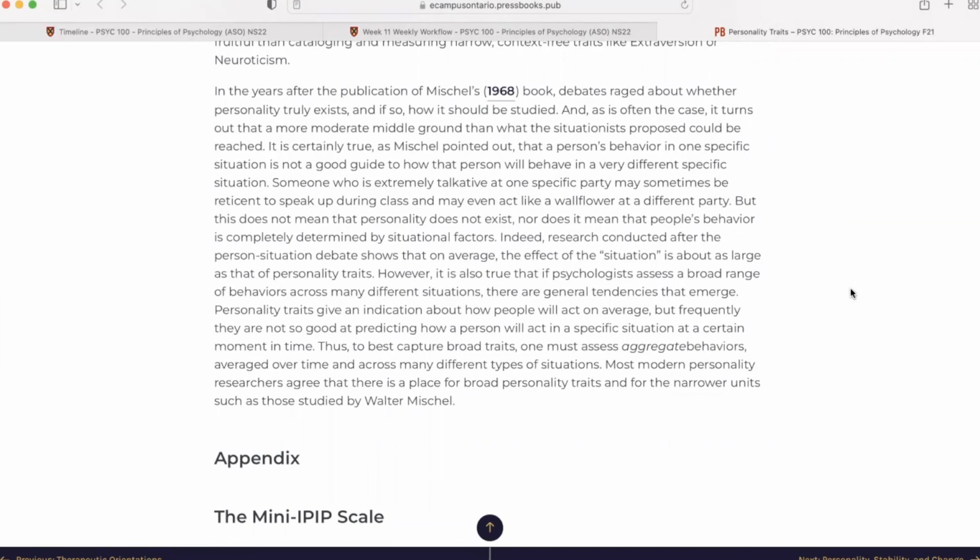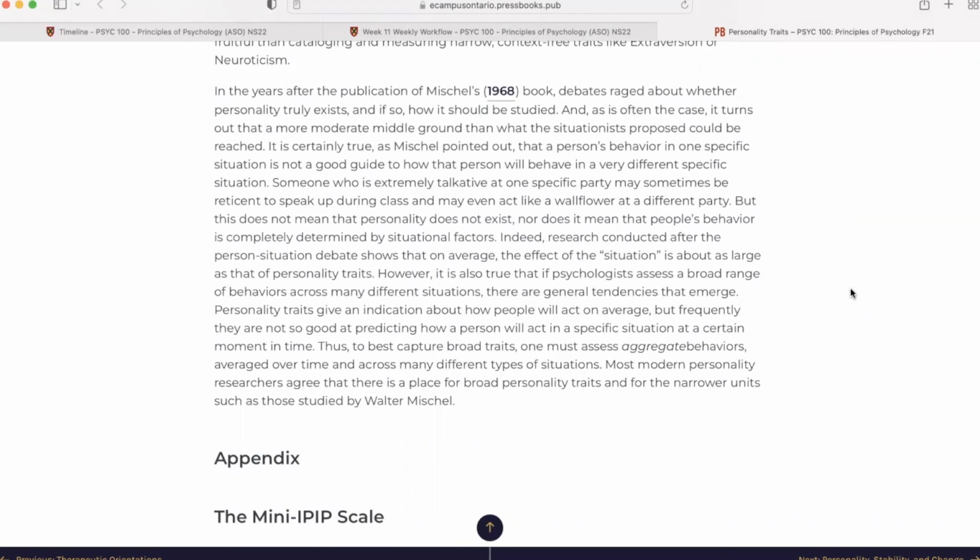However, it is also true that if psychologists assess a broad range of behaviors across many different situations, there are general tendencies that emerge. Personality traits give an indication about how people will act on average, but frequently they are not so good at predicting how a person will act in a specific situation at a certain moment in time.